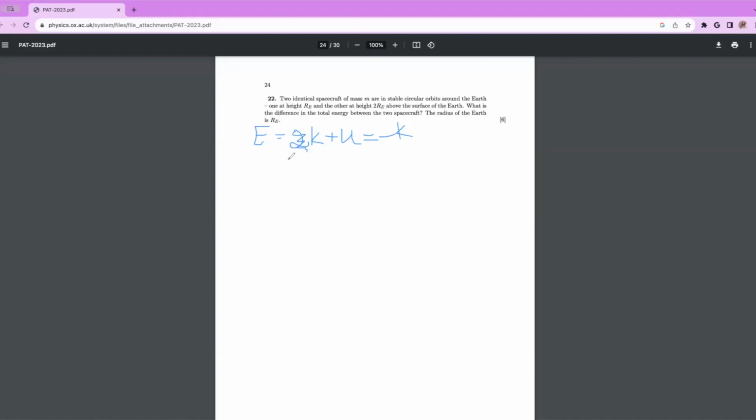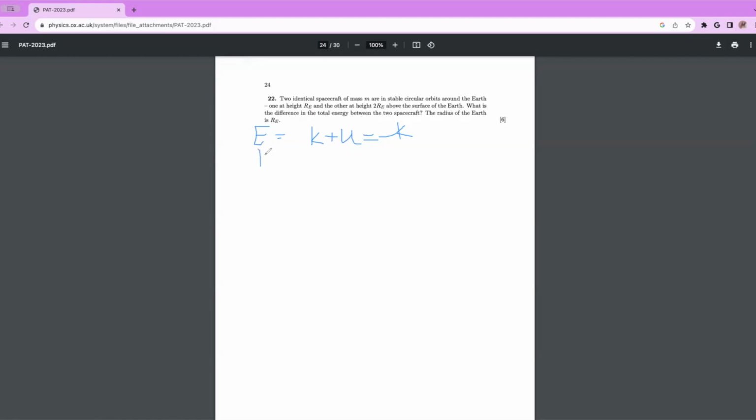There's no 2 there, because if you just think about it, it's only kinetic energy plus potential energy, so there should be no 2 in front. The equivalence here is the fancy formula. Basically, it says that the total energy is the negative of the kinetic energy.